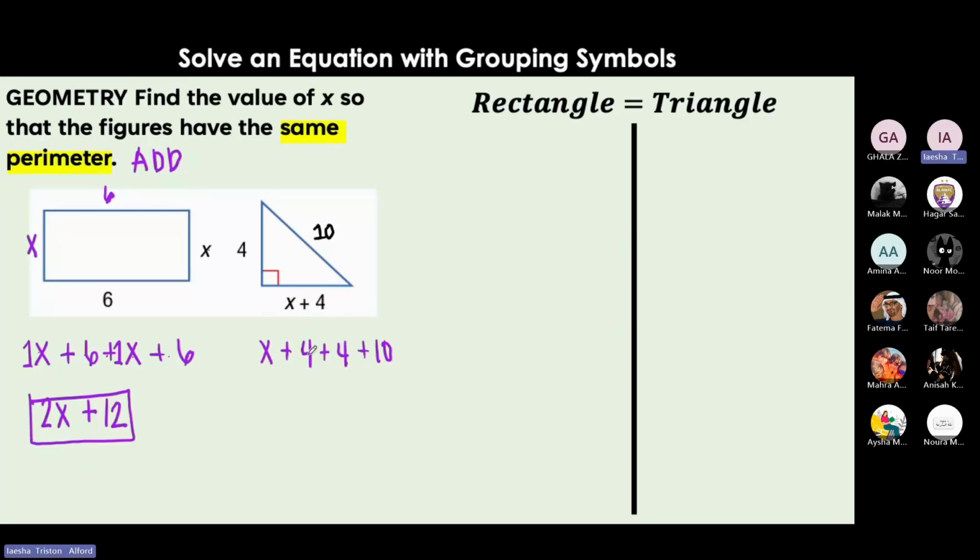So here we have 4 plus 4 plus 10. 4 plus 4 equals 8, plus 10 equals positive 18. This is the perimeter of the triangle. They are the same, so you have to make them equal.